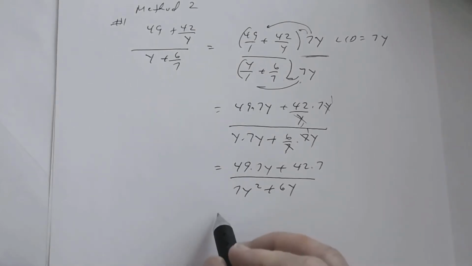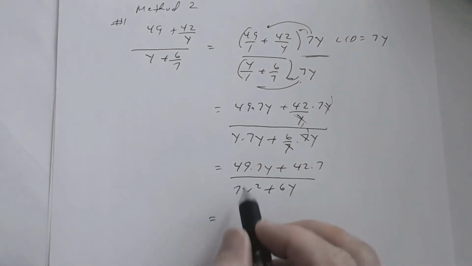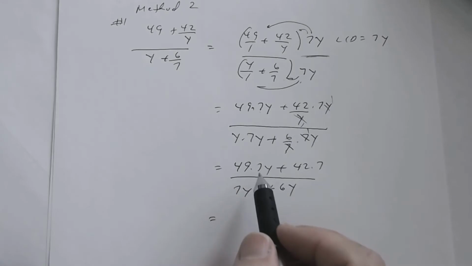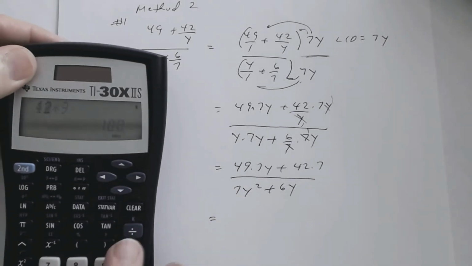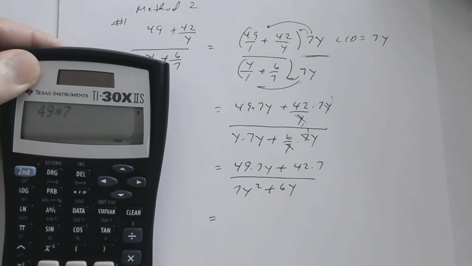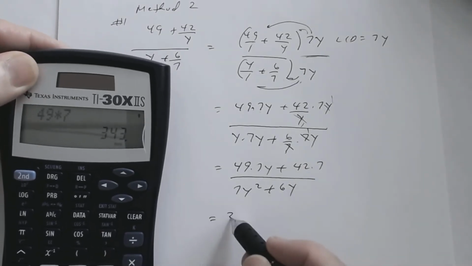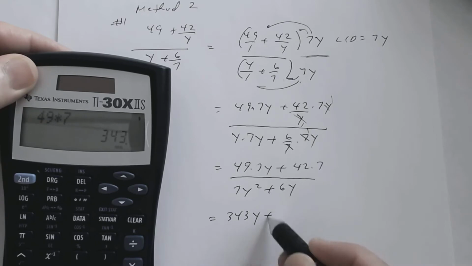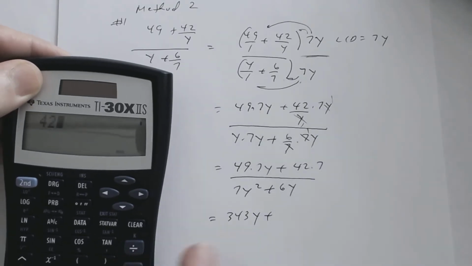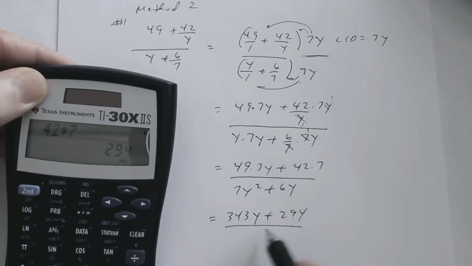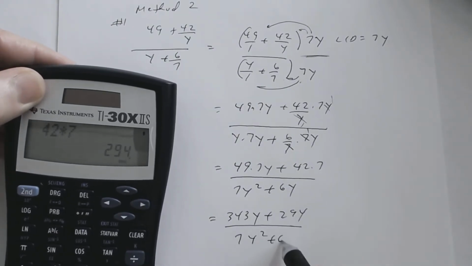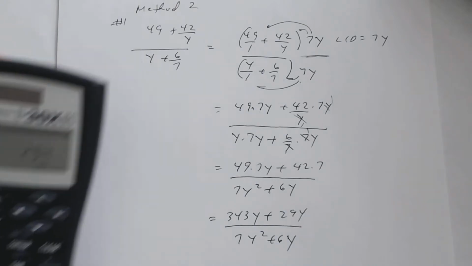And so if you did multiply it out, which probably many of you did, you would have said 49 times 7 is 343y plus, and then 42 times 7 is 294, right? Divided by 7y squared plus 6y, okay?